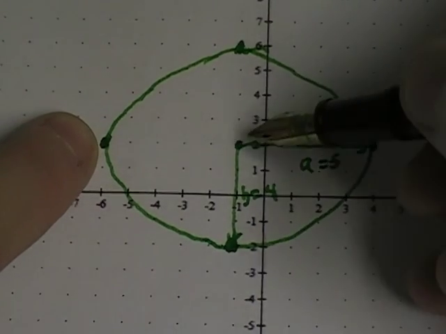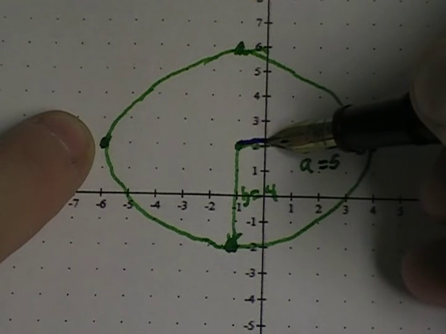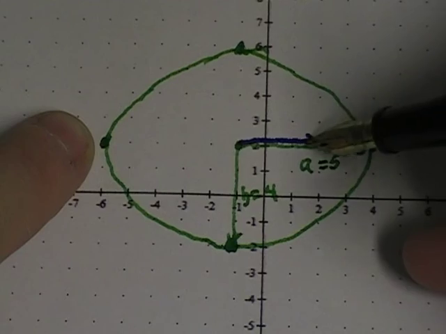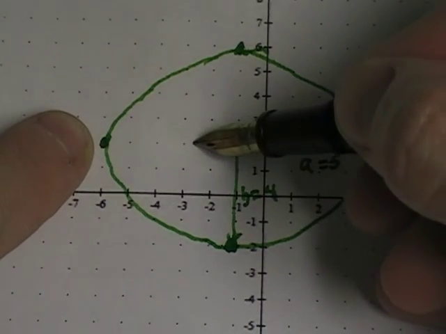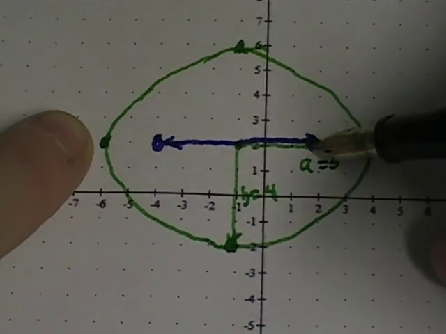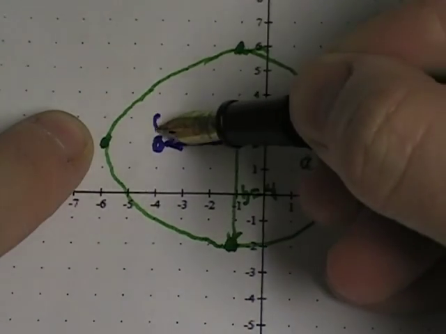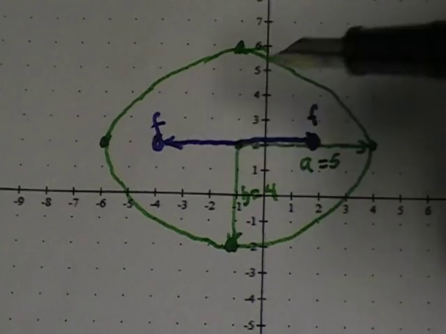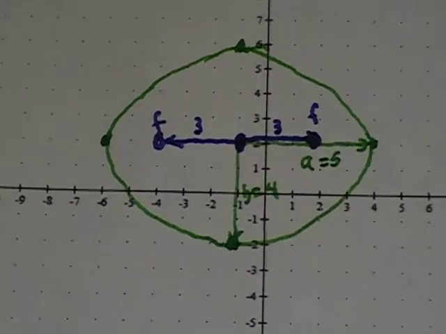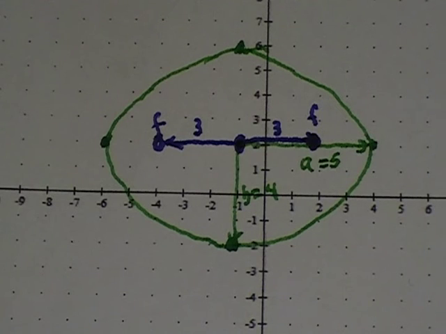So what do we know? We can go 1, 2, 3 units to the right, and 1, 2, 3 units to the left, and what do we have? Our foci. 3 units to the right, 3 units to the left from the center, on the major axis.